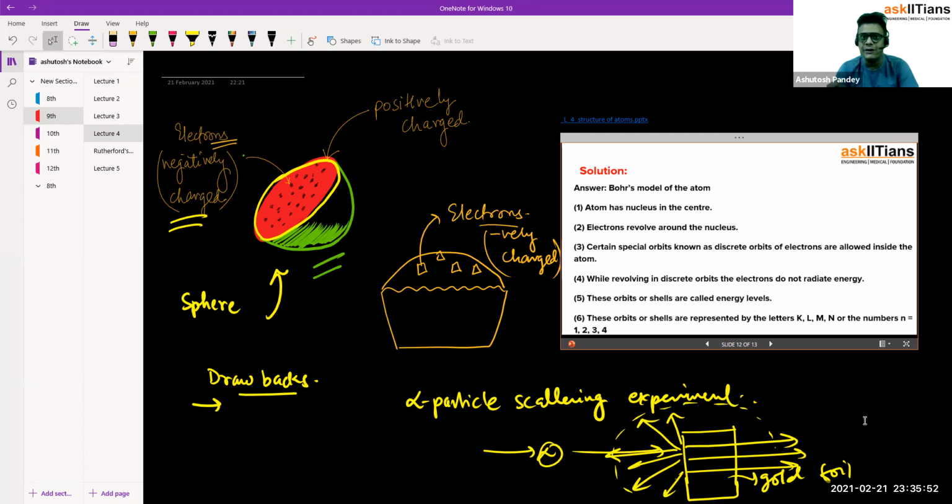The electron is not going to radiate energy, as was happening in Rutherford's model, when the electrons are in these specific orbits. These orbits or shells are called energy levels, and they are represented by the letters K, L, M, N and so on, and by the numbers n is equal to 1, 2, 3, 4.